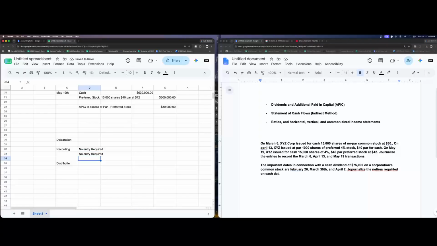Important date in connection with the cash dividend of $75,000 on February 26. For example, the date, the account, debit, credit. The date February 26th would be the day of declaration.